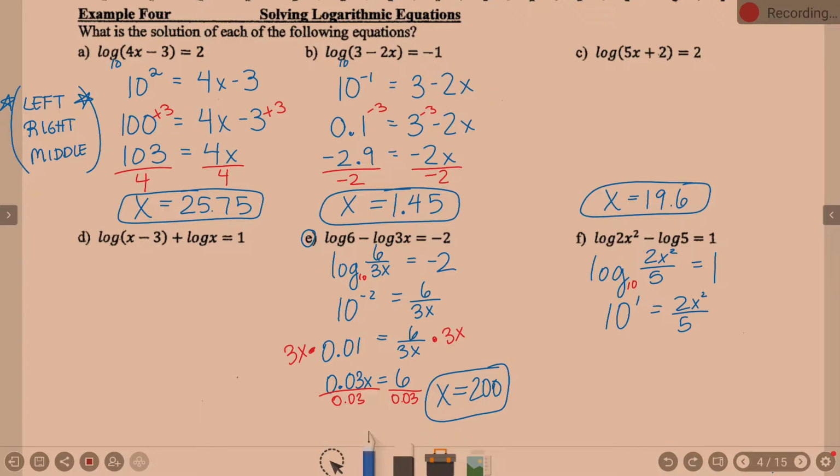I wrote the 1 just so there's not a question of where it came from, but once you see it's 10 to the first, it's 10. You don't have to write the 1.